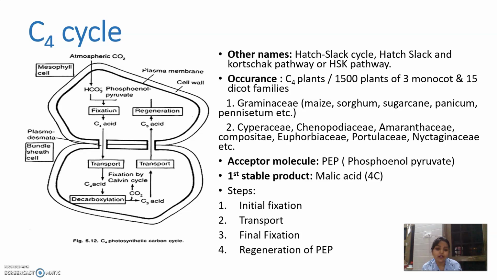Afterwards, the transportation occurs in two steps. First, the C4 acid is transported into the bundle sheath cell. Then, after decarboxylation, the C3 acid is transported again to the mesophyll cells, where it undergoes regeneration to form the phosphoenol pyruvate acceptor molecule again.